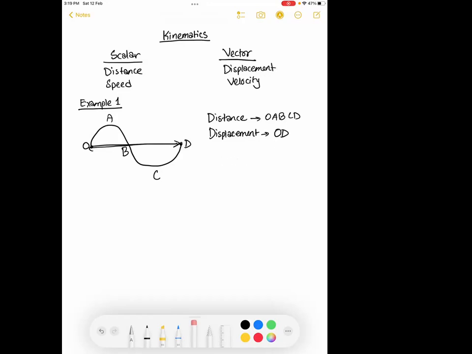All right, next example, let's talk about speed. So I think we already know the formula of speed. Let me first give you the formula of speed, then an example maybe.